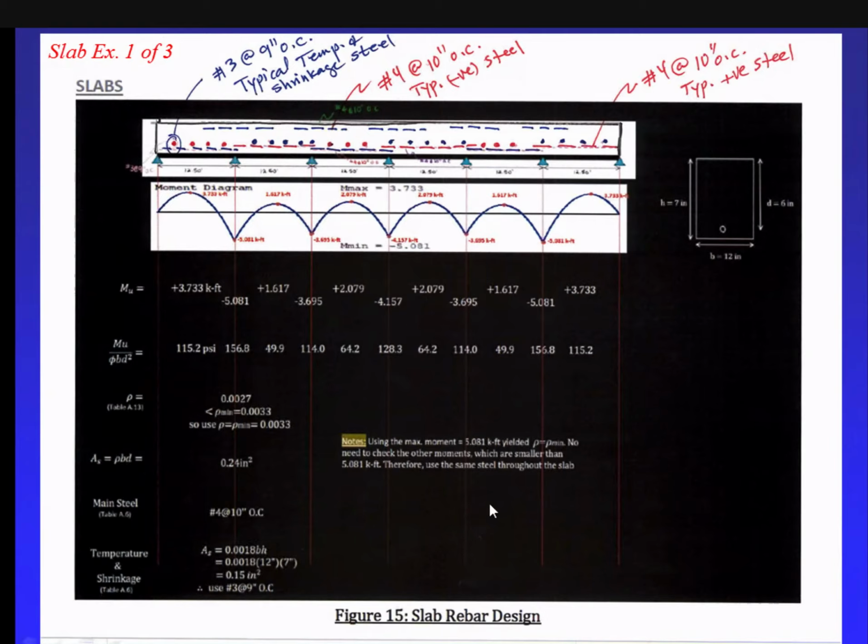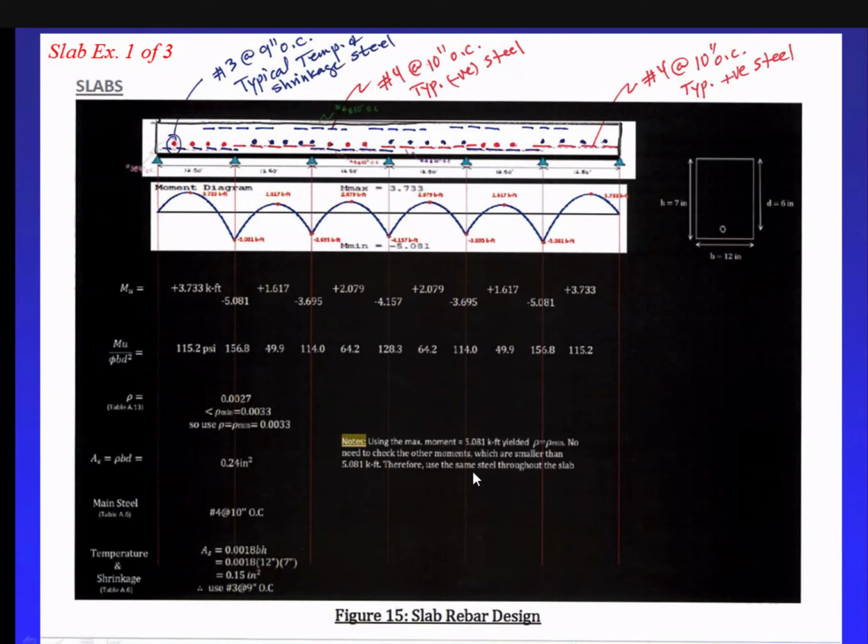Okay. So look at this here. It says, look at this note. It says using the maximum moment, which is 5.08, which we did, yielded rho equal rho minimum. No need to check the other moments, which are smaller than 5.081, right? You can see it from here.